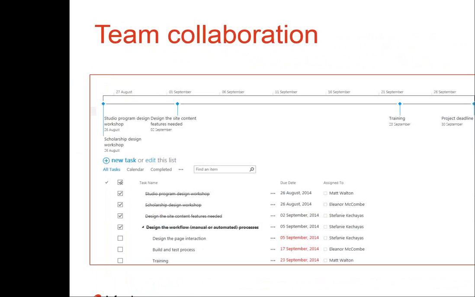A library is when the item, the piece of data, is a document or a file of some kind. The typical one is a document library, which holds Word, PowerPoint and Excel documents. There are also photo libraries and video libraries, designed to hold other kinds of files, like photos or image files.